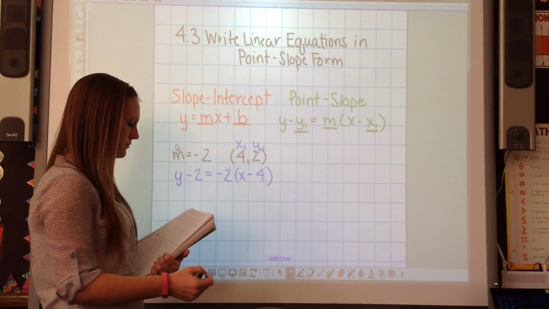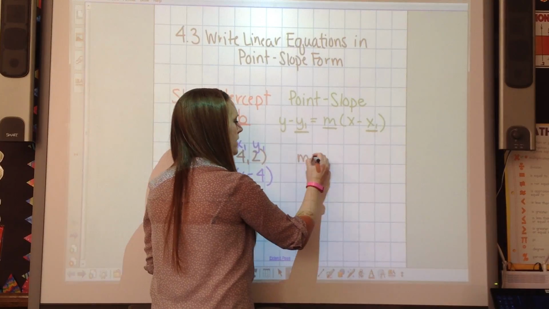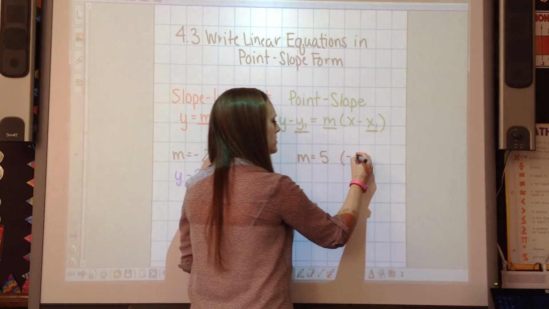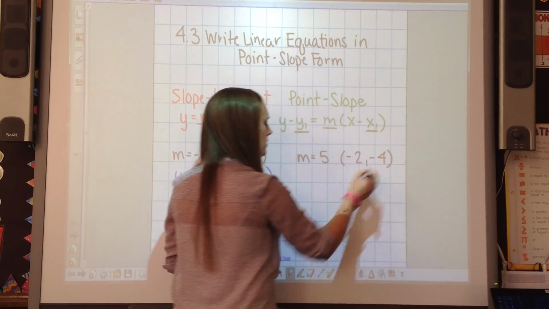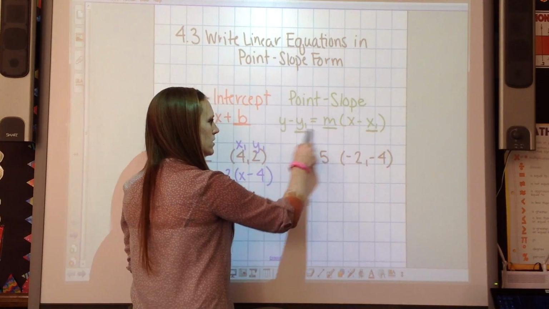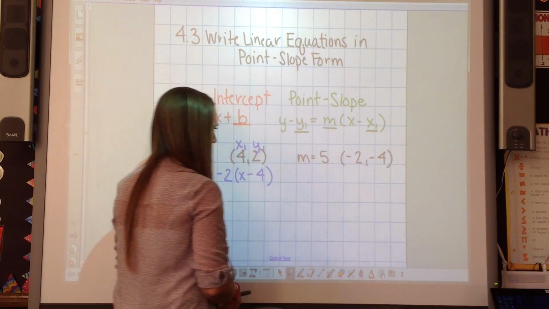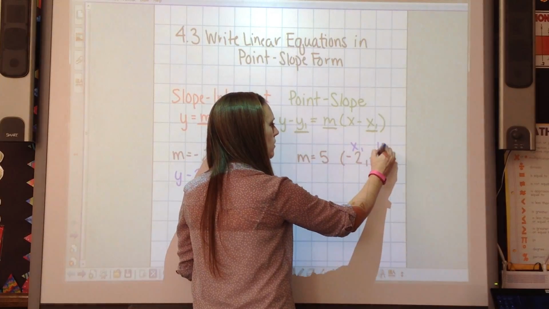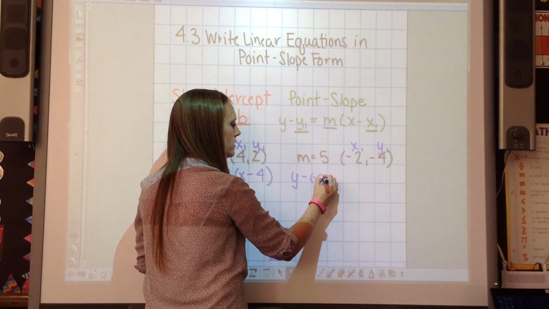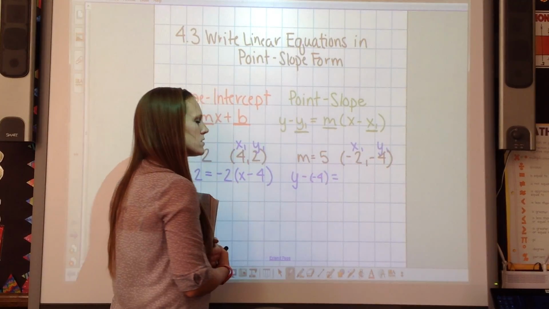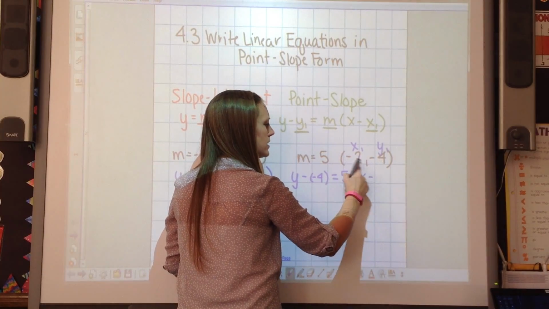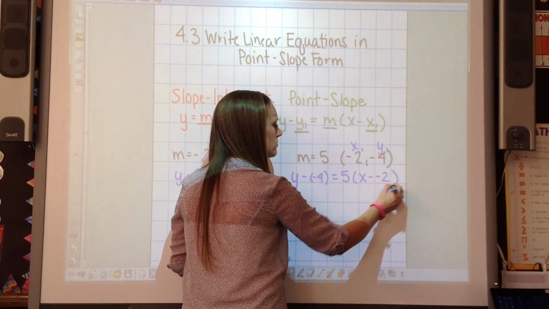Let's try another one. Our slope is 5, and our point, or our ordered pair, is -2, -4. Let's create an equation. So I'm going to fill this in right here. Remember, this is your x1, this is your y1. y minus y1 equals our slope, x minus, my x1 is a -2.